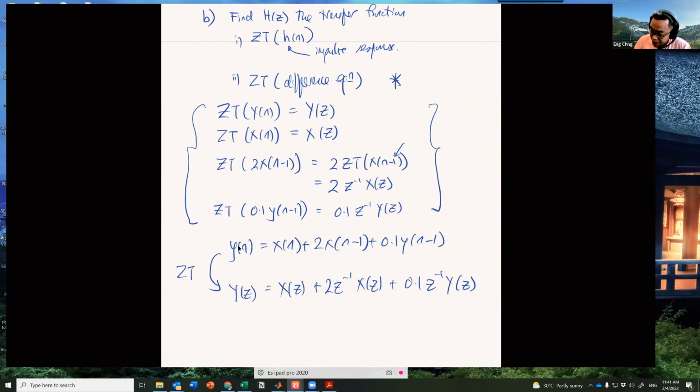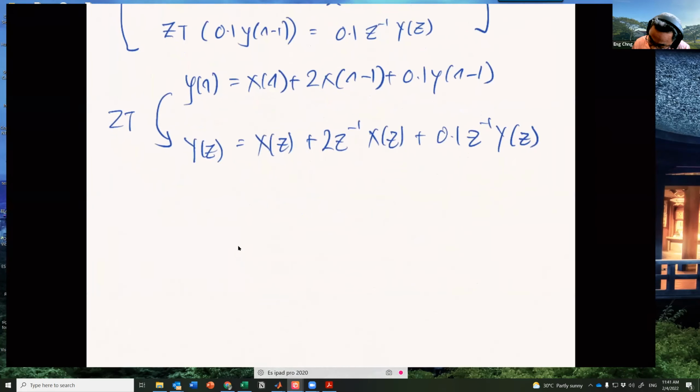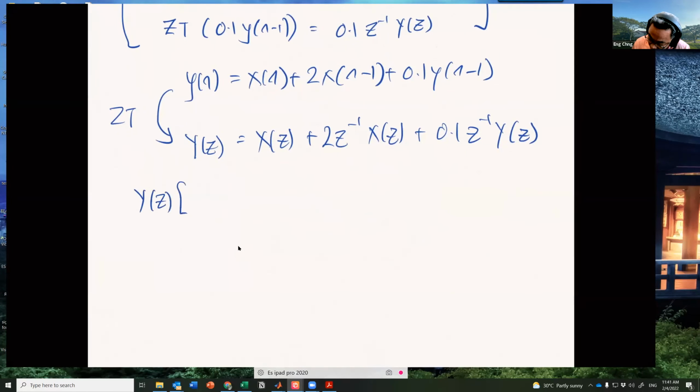So there's only one trick that you do, and then you collect all the terms together. Y of z times 1 minus 0.1 z minus 1 equals X of z times 1 plus 2 z minus 1.